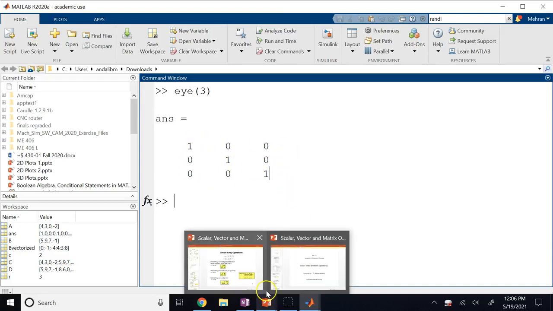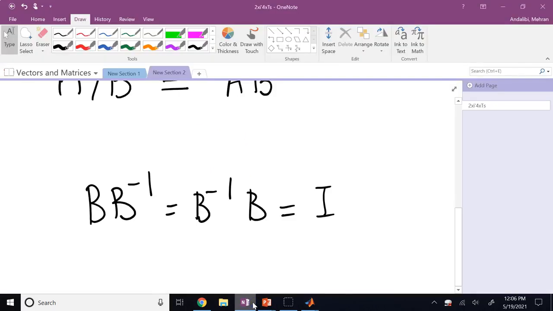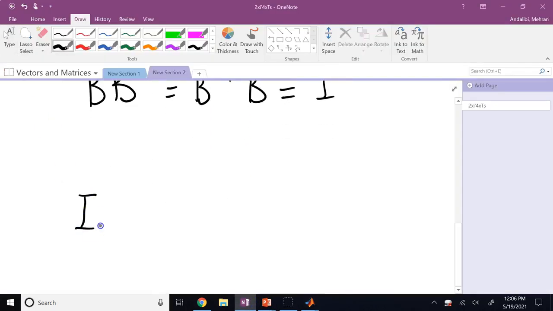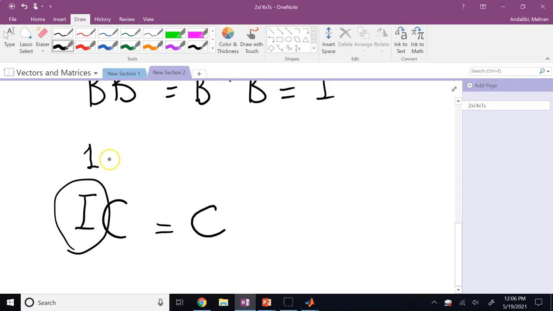So what's the property of this important matrix? As you know, when you multiply I by any other matrix like C, the result is going to be C. So I in matrices acts very similar to what? To 1. When you multiply 1 by 4, the result is 4. So I is very similar to the number 1 for single numbers, right?